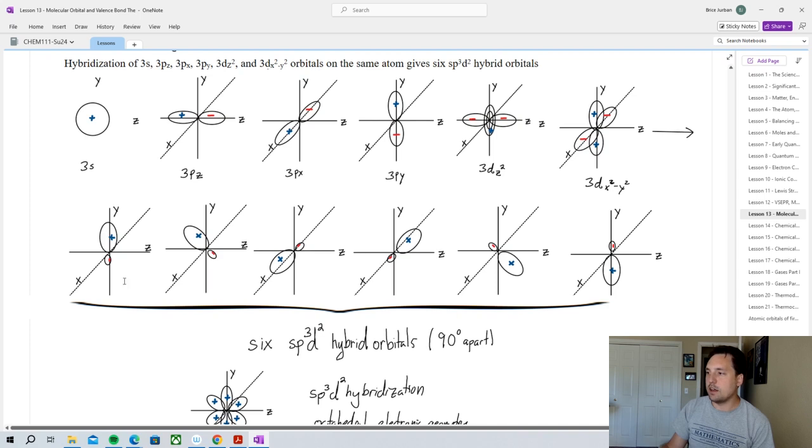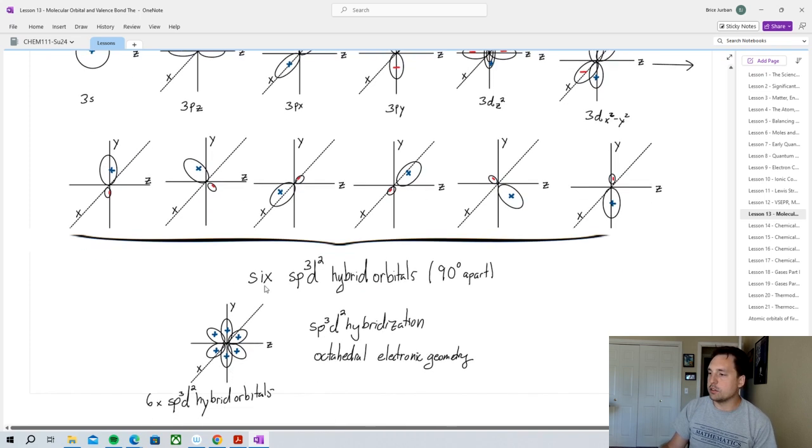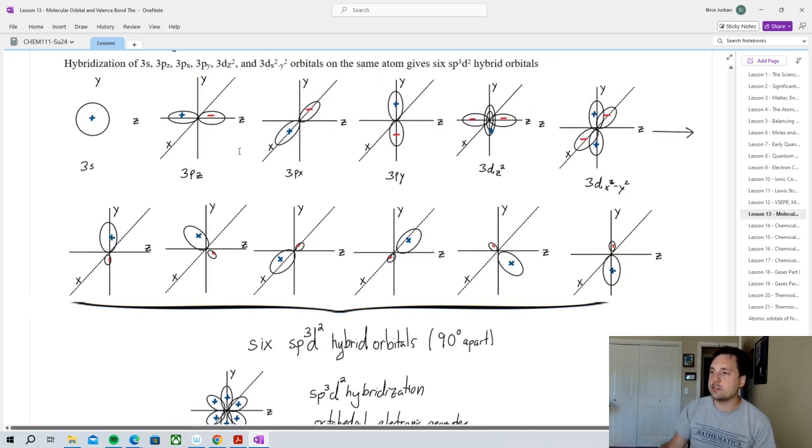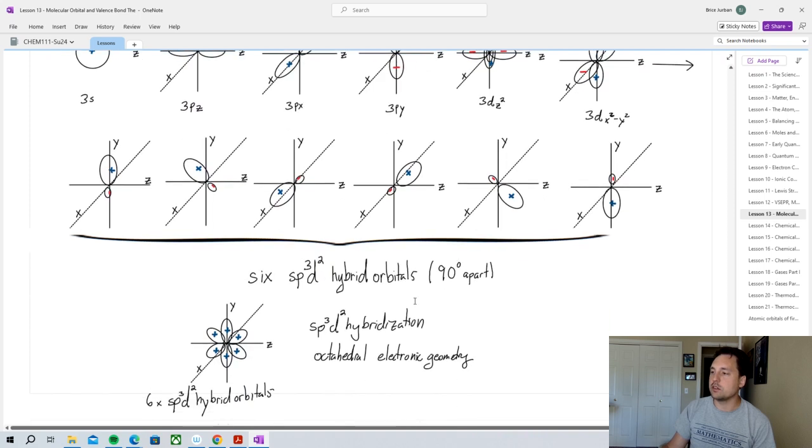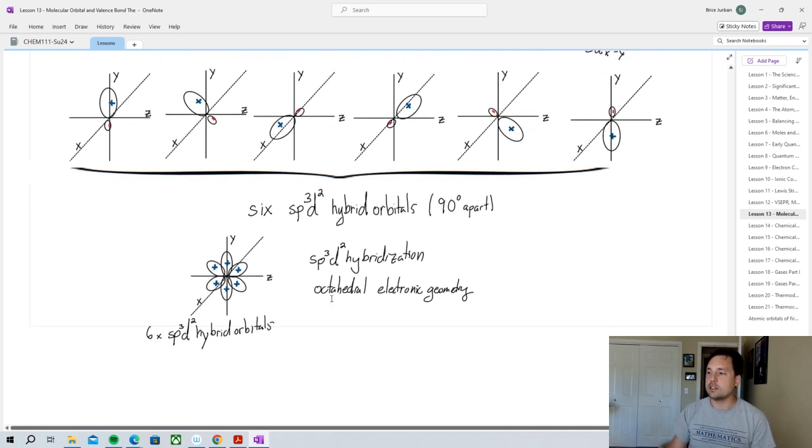And then that'll give us 6 equivalent hybrid orbitals, which are called sp3d2 hybrid orbitals because they're made up of an s, 3p, and 2d orbitals, which will be 90 degrees apart from each other, where the vertex of each of these is on the corner of an octahedron, giving us the octahedral electronic geometry.